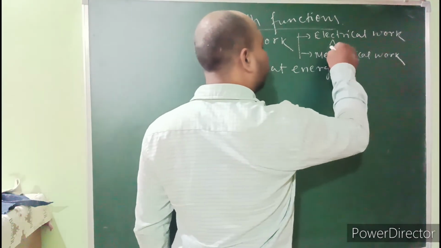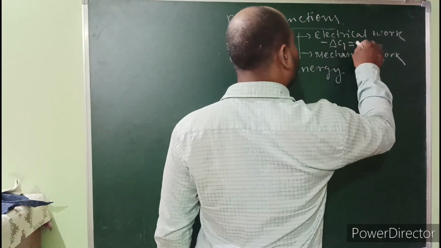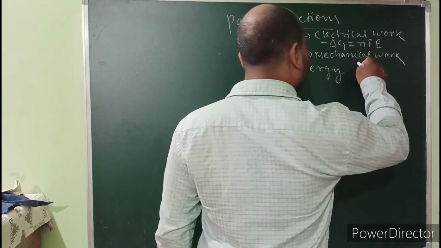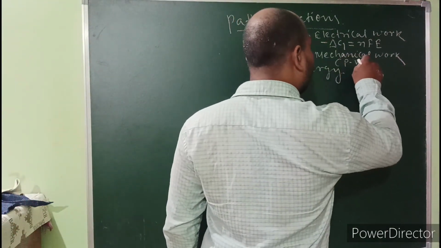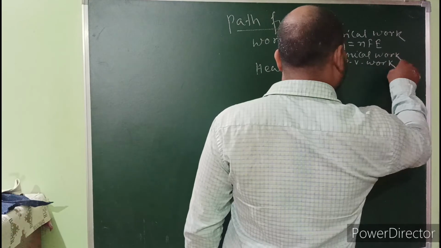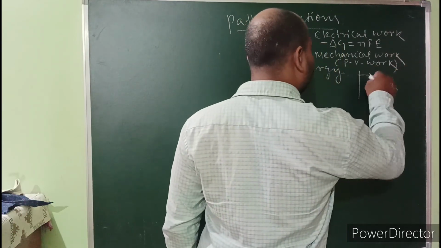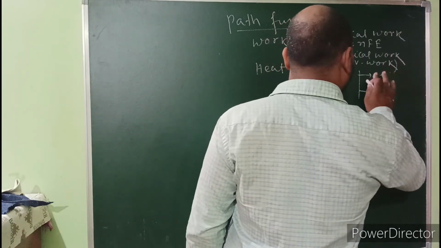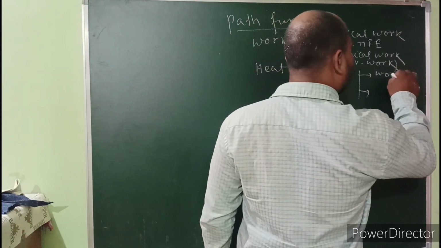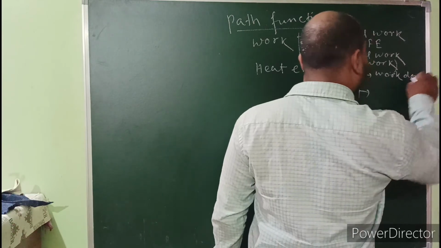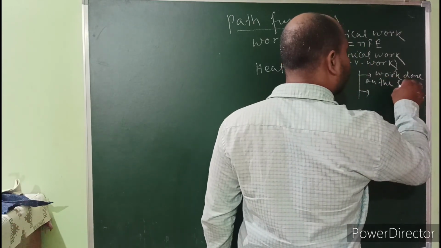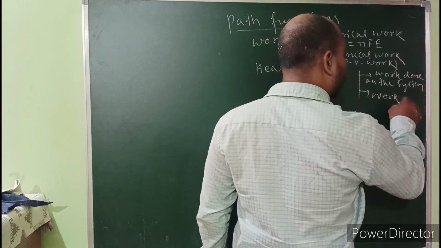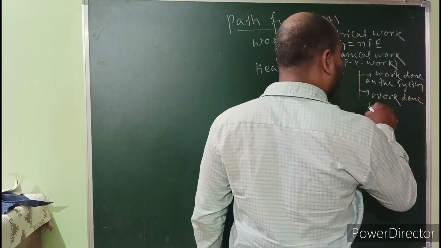Electrical work we write as del G equals minus nFE, while mechanical work is also known as pressure-volume work. It is classified into two types: work done on the system and work done by the system.